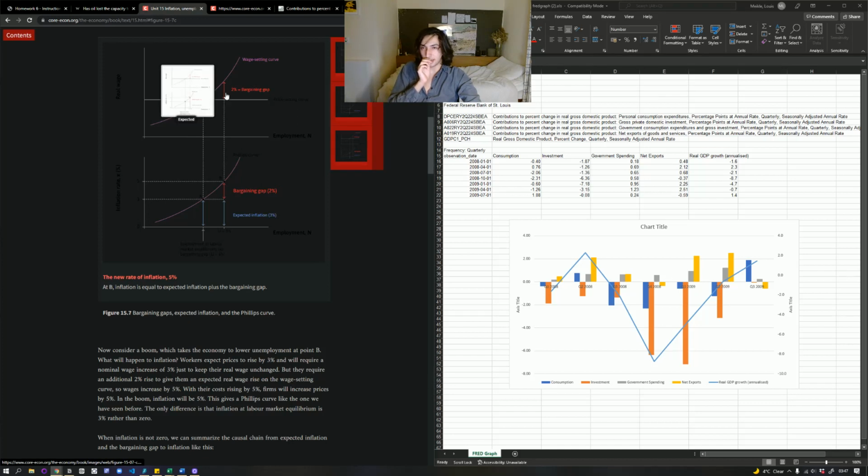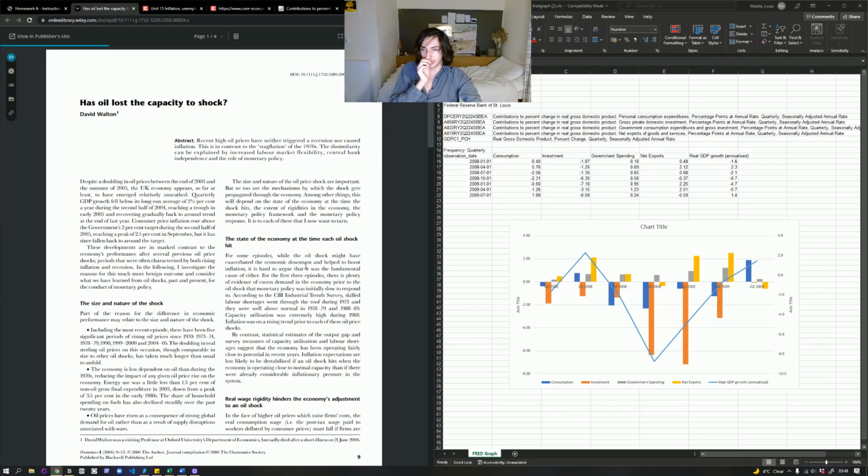Because there was apparently, it could have been that there was no bargaining gap in the first place. So because the bargaining gap was so small, that expected inflation was too small to prompt a wage price spiral. It could be that. It also could be that there's enough regulation in the industry, but let's look back at here.